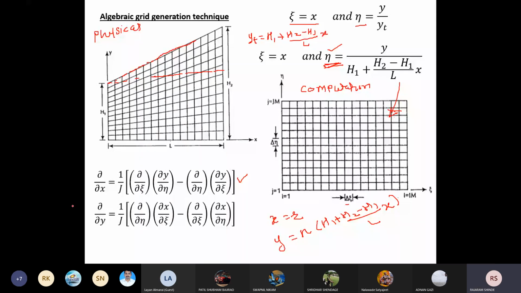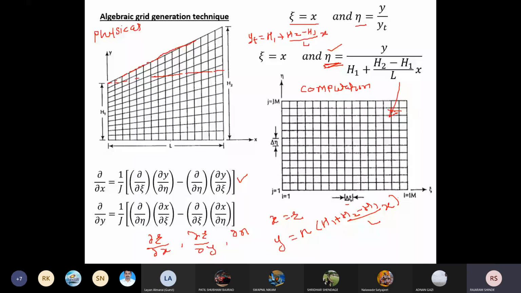What are the matrix terms? Here, first matrix term is derivative of xi with respect to x, next matrix term is with respect to y. Next is derivative of eta with respect to x, and derivative of eta with respect to y.